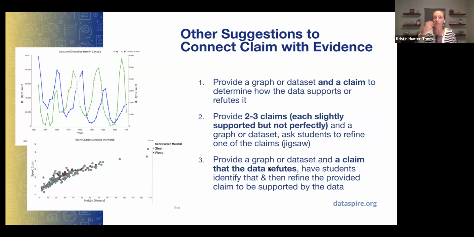You could provide the visualization or the data set and a claim that the data refutes, and then have the students identify that the claim is not actually supported by the data, and then refine the provided claim by what is supported in the data. Certainly don't need to do these all the time, but these are different ways to help build that muscle of how we make good claims or good conclusions from the data.